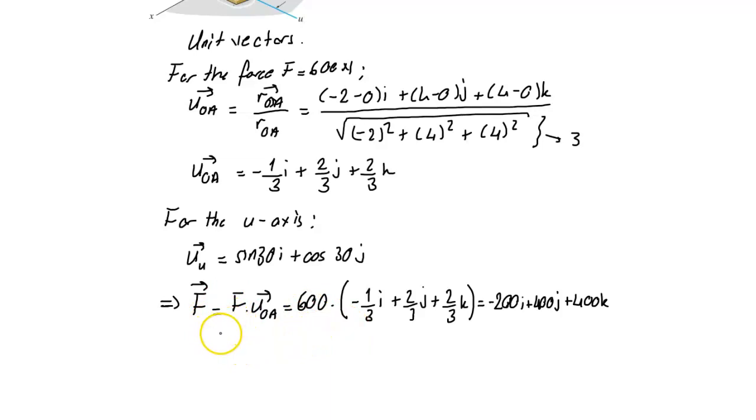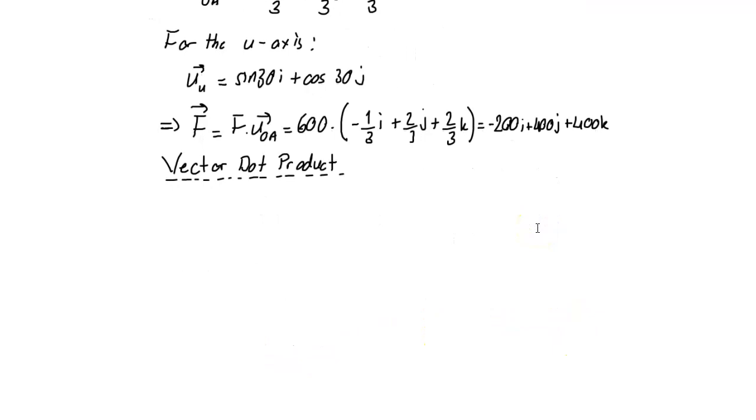So the projection of a vector along a specific axis is found by the vector dot product. So the vector dot product is used to find the projection of a vector onto an axis.